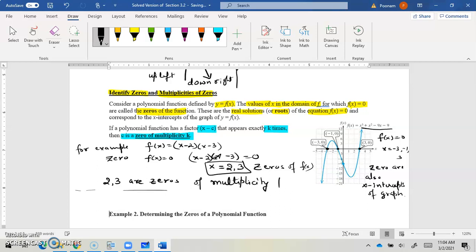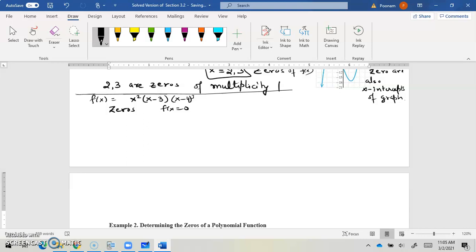Let's take another example. Say we have f of x is equal to x squared times (x minus 3) times (x minus 4) cubed. To find the zeros here, we put f of x equal to 0. Then we get x equal to 0, x equal to 3 and x equal to 4. But x equal to 0 is coming from x, right? And it is repeating 2 times.